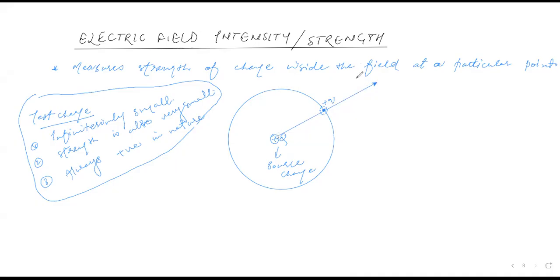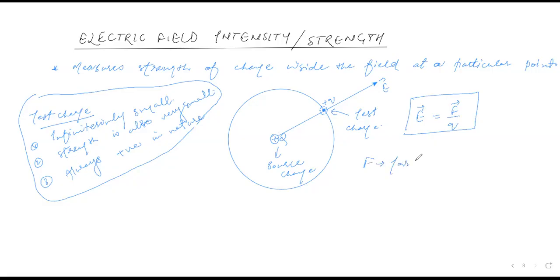So you can draw it like this. This is your test charge. The electric field strength formula will be E is equal to F over q. What is the F here?